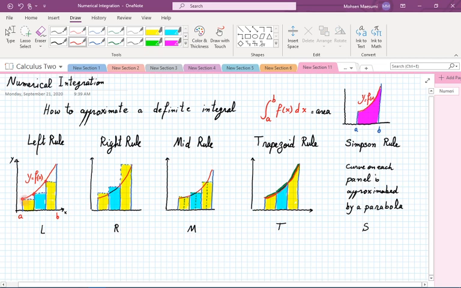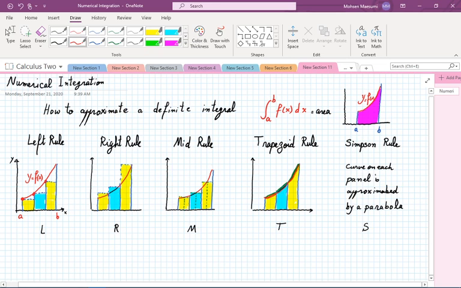From each of them I draw a horizontal line, therefore I have a rectangle. Now I can find the area of the first one. I've drawn it yellow here, the second one is in blue, and the third one is yellow again. I calculate the area of these rectangles. I knew how to calculate the area of rectangles back in middle school or elementary school. Just add them up and we are going to get an approximate answer.